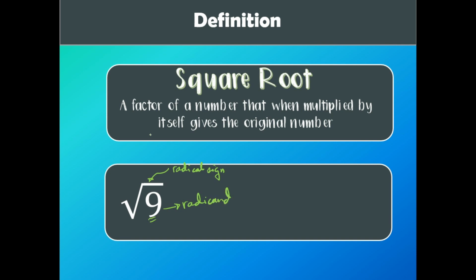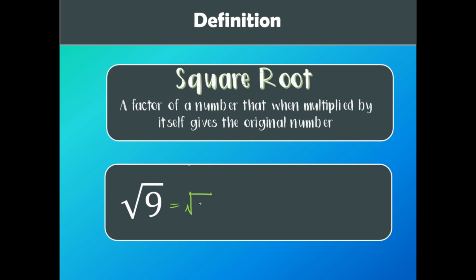Okay? Now, to find the square root of 9, sa definition natin, if a factor daw natin yung 9, tapos pag multiply natin by itself, it gives the original number. So, let's find a factor of 9 that multiplied by itself gives the answer 9. So anong number na multiply natin sa kanyang sarili na it will result to 9.